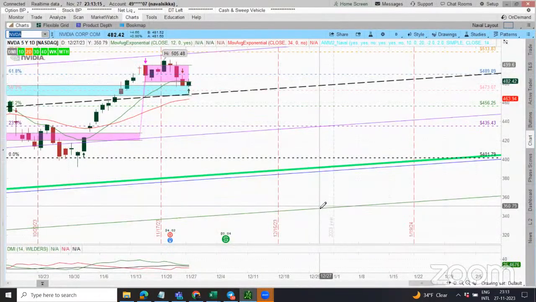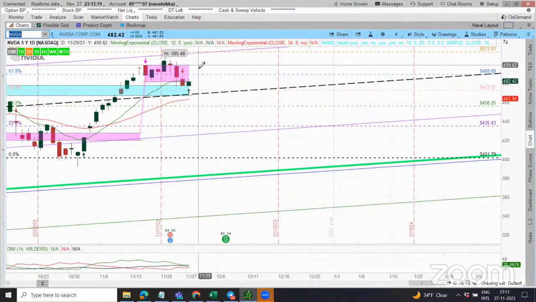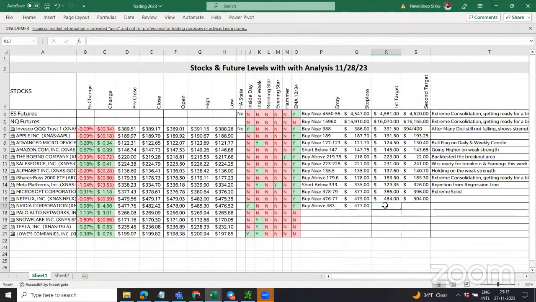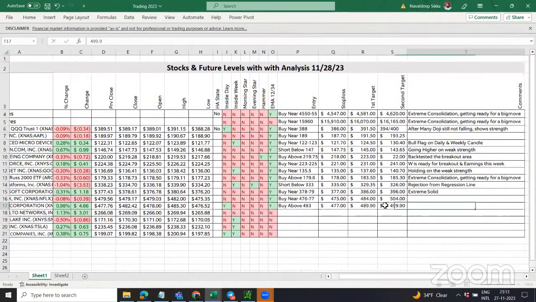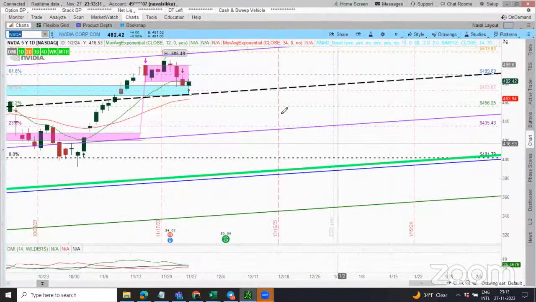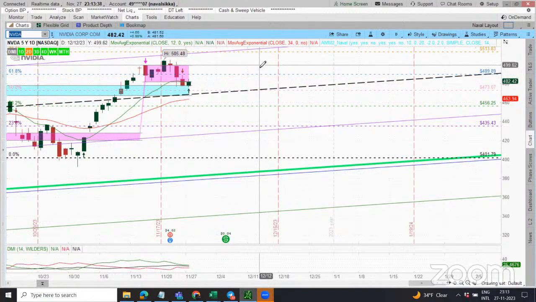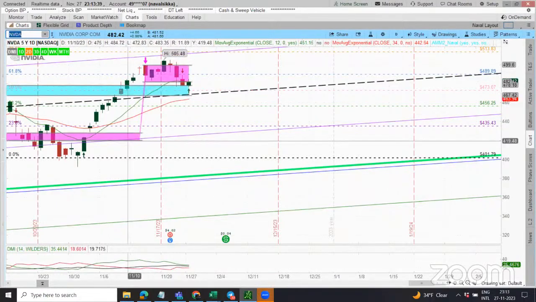If it's done, 490 and 489, 90, 499.9. So that's Nvidia. 489 has proven some meaningful resistance. Once we clear, we should hit 499.90.